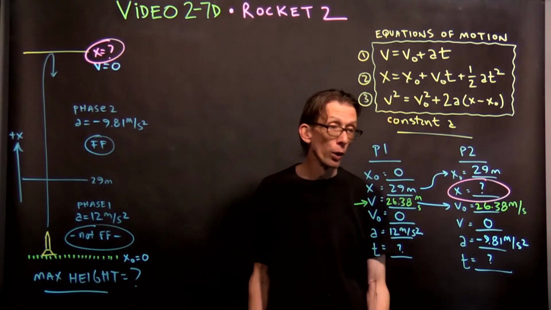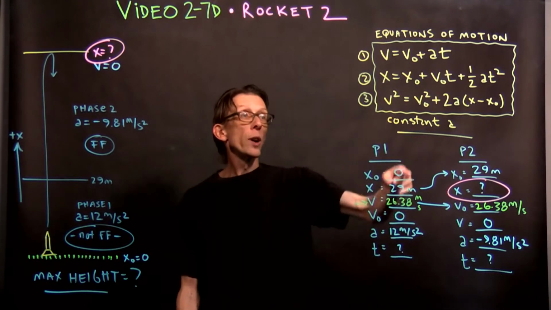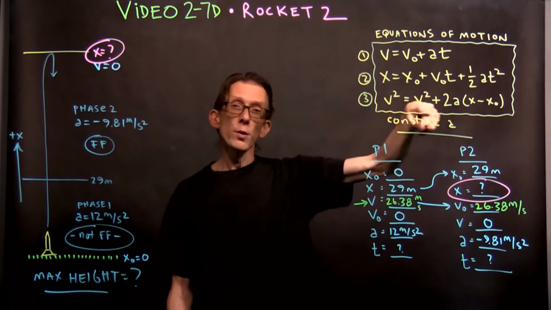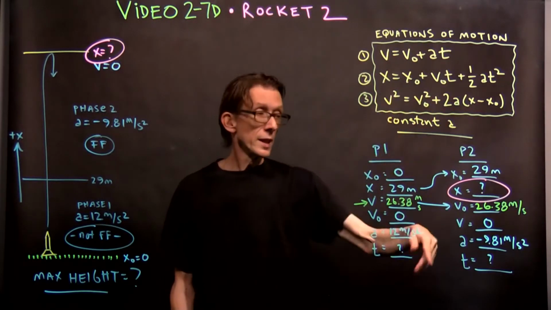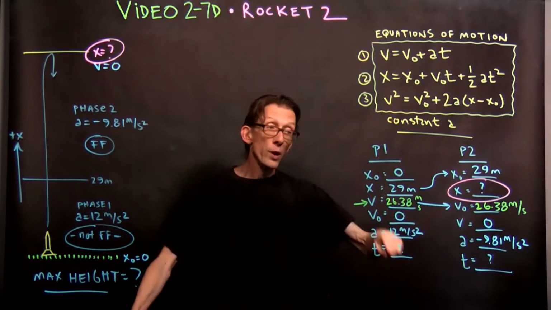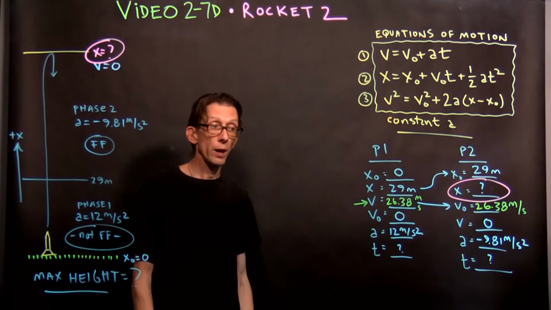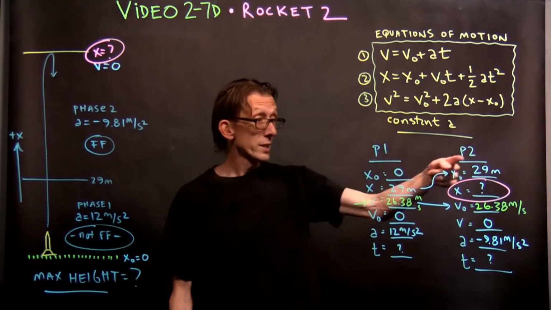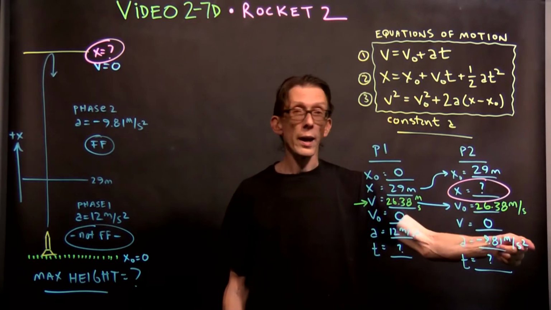So we're looking for x. Which one of these are we going to use to find x, given what we know? We know x naught, we know v naught, we know v, and we know a.